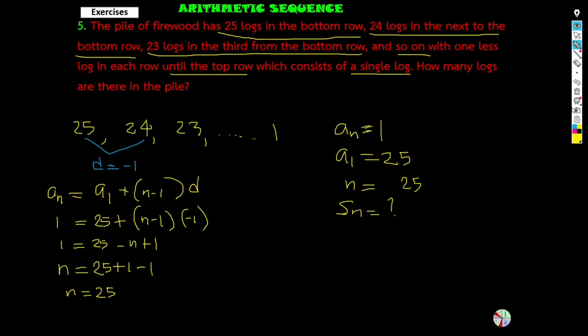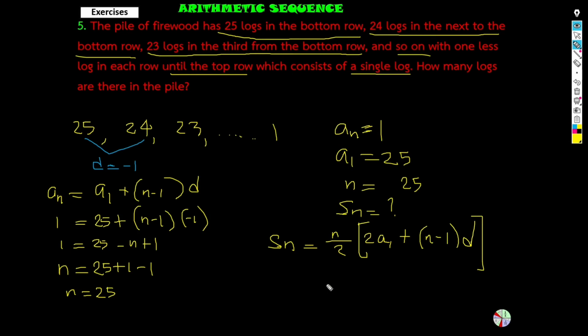Now S sub n, the formula for S sub n, is n over 2 multiplied by the quantity 2 a sub 1 plus n minus 1 times d.